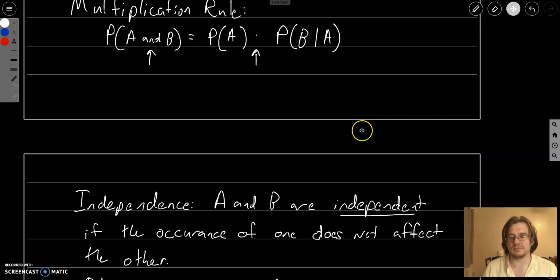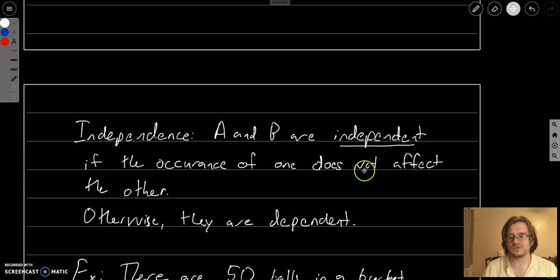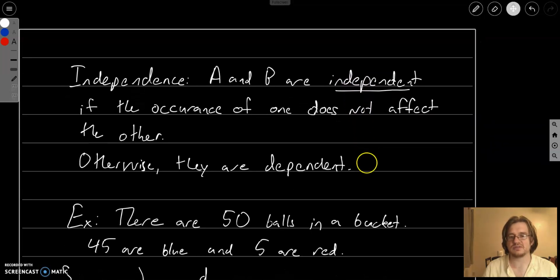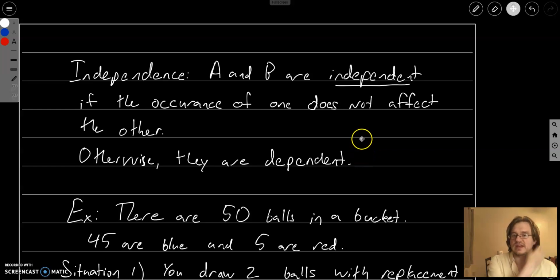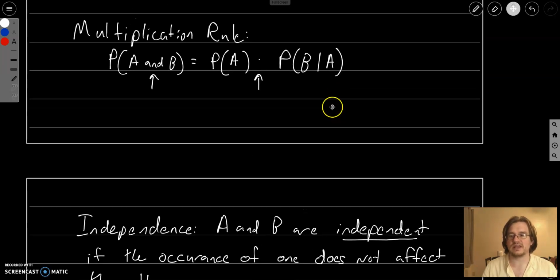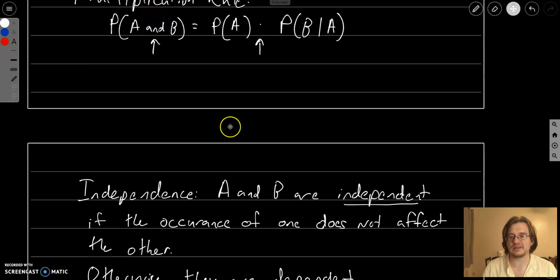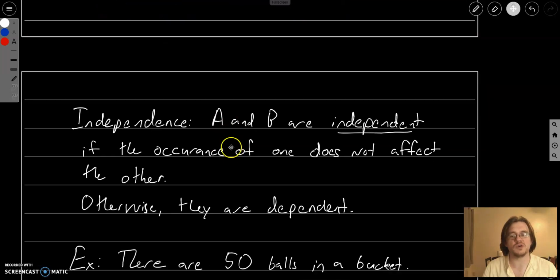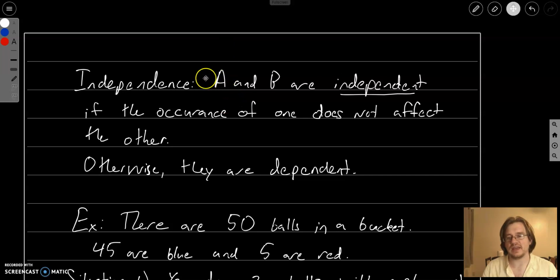So before I do some specific examples, I want to point out that A and B might not affect one another. For instance, in the example I was just talking about, let's say that we flipped 2 coins, and A is the event of getting heads, and B is also the event of getting heads.